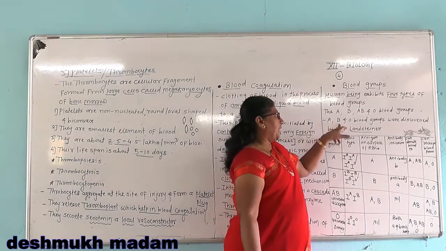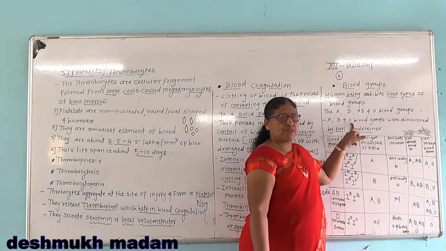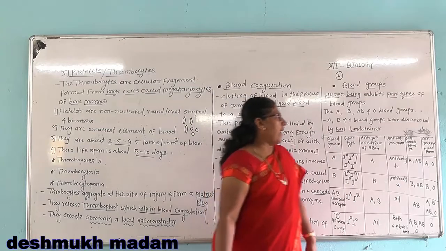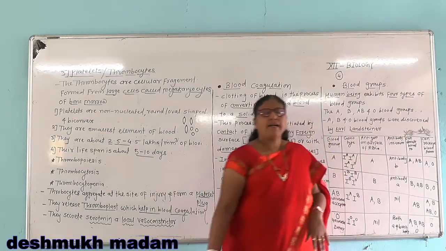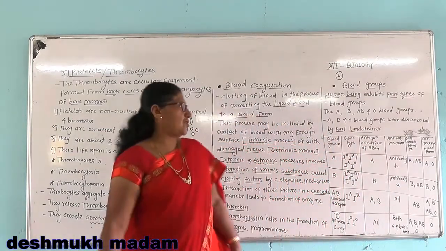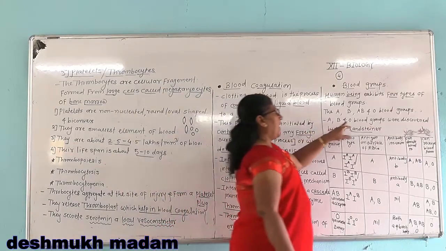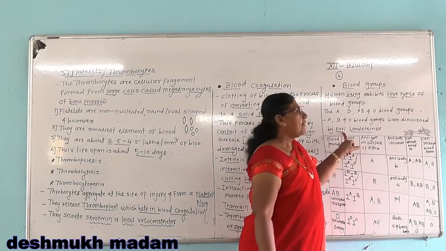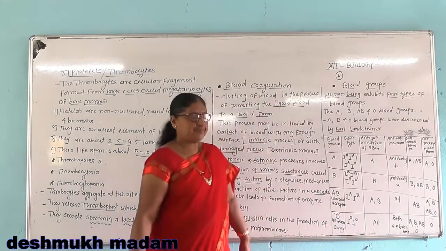A, B and O blood groups were discovered by a scientist, Karl Landsteiner.